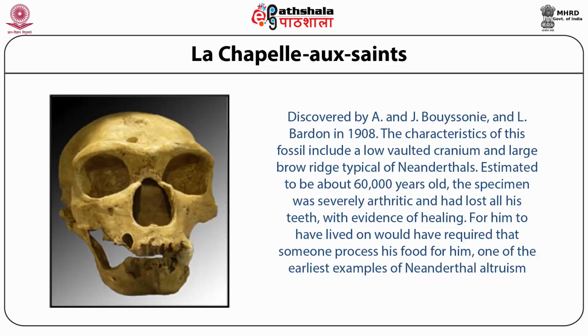The specimen was severely arthritic and had lost all his teeth. With evidence of healing, for him to have lived on would have required that someone process his food for him, one of the earliest examples of Neanderthal altruism.